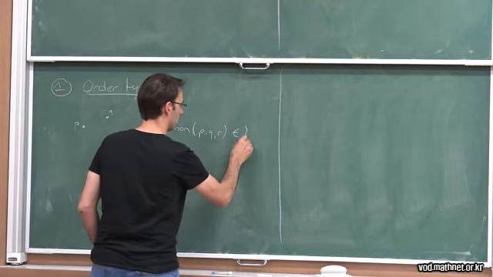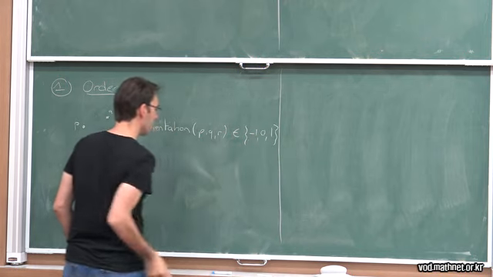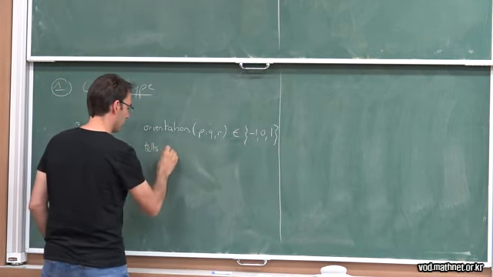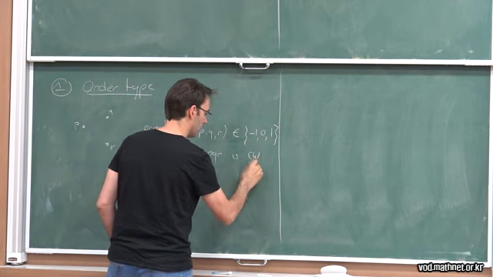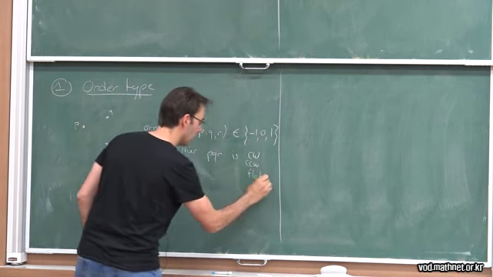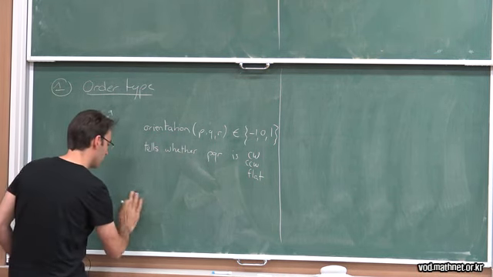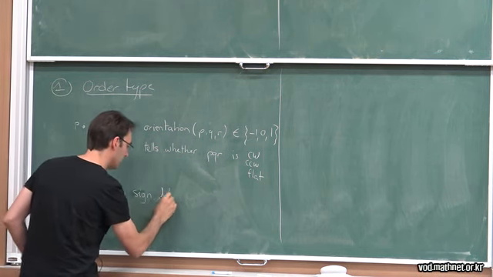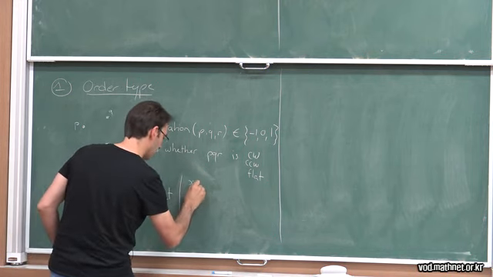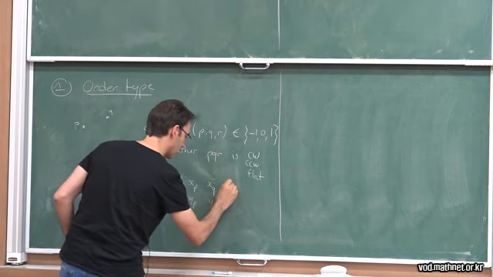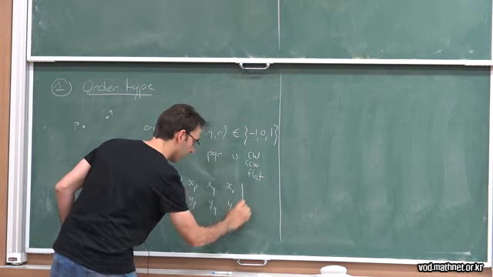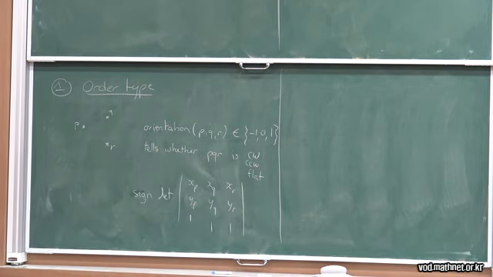One way to describe this algebraically is to look at the sign of the determinant of point P, point Q, and point R. Don't ask me which of these is clockwise and which is counterclockwise. I always get it wrong, but you should be able to figure it out.